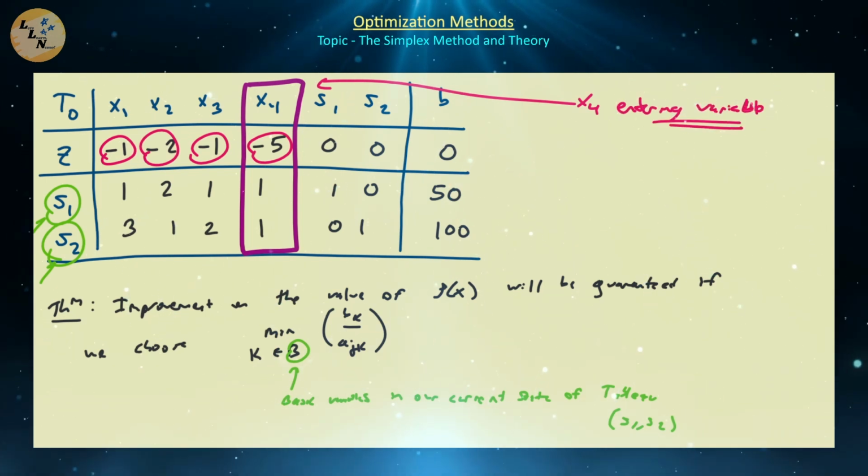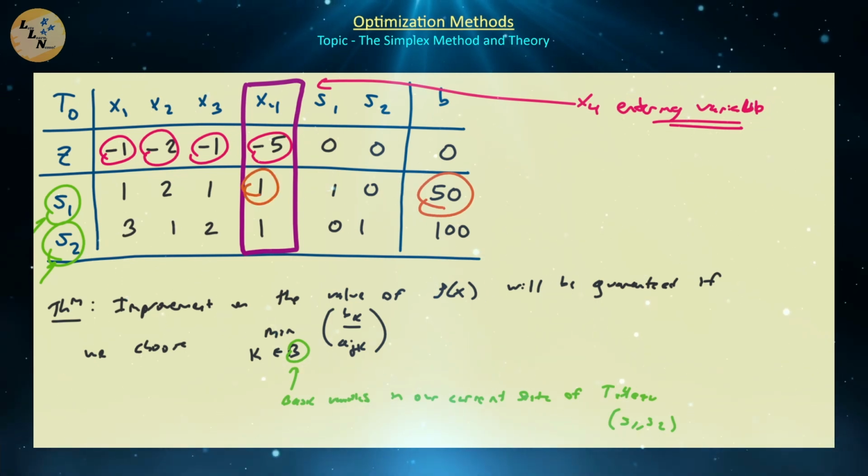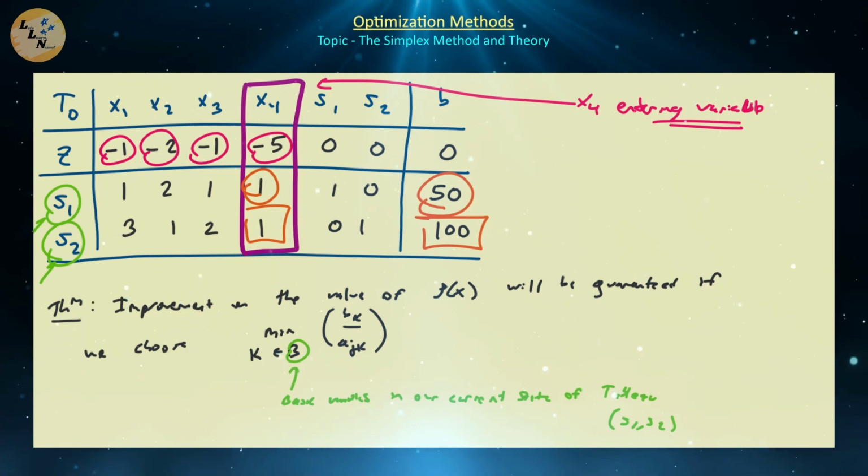What we need to do next is then calculate our ratios for that particular column. So we need to do, for example, b_k divided by a_jk, and we also need to do 100 divided by 1. And then we need to choose the one that generates the minimum, and that's going to determine which variable is going to be the departing variable.